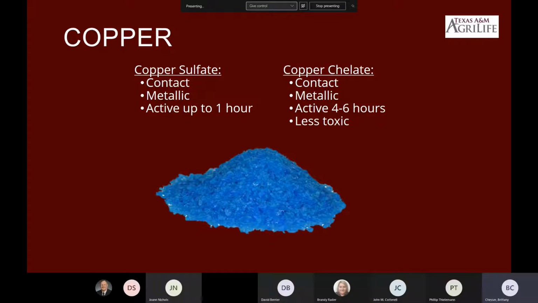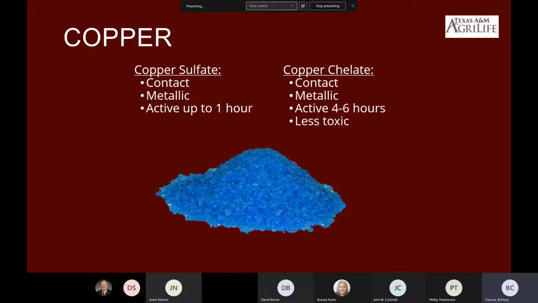And then we have our copper chelate. Copper chelate is something that people have usually not heard of. And of course, both of these are used to control all groups of algae. Both of these contain metallic copper as the active ingredient. And when you think of metallic copper, what does it do? It sinks to the pond bottom within a few hours of application.